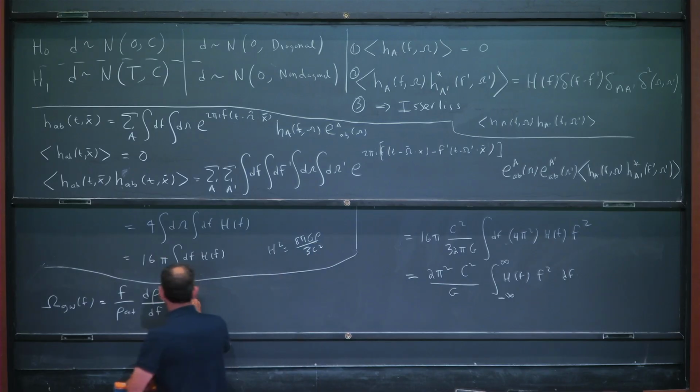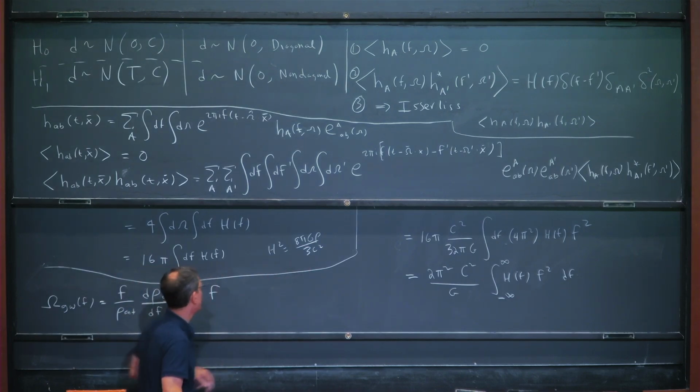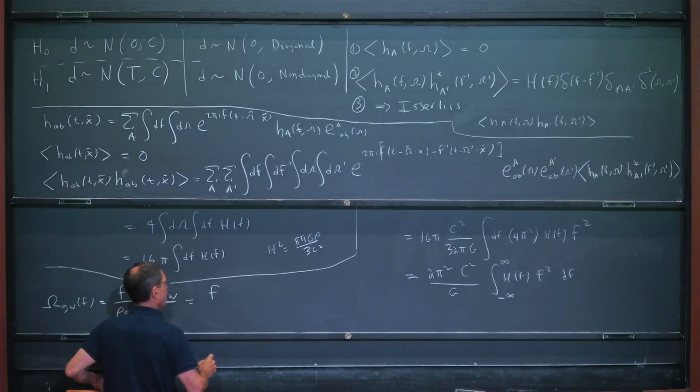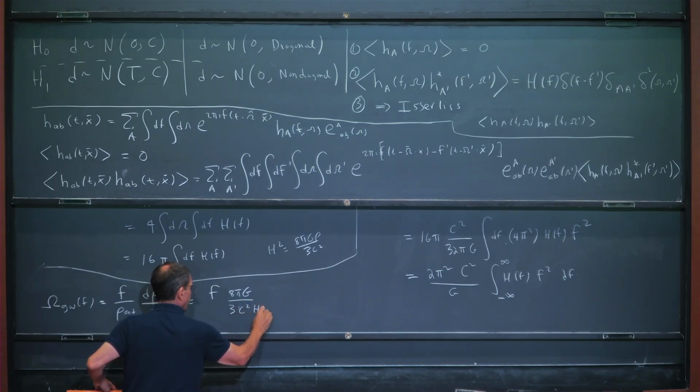Okay. So what's that? That's f. The critical energy density is going to be 3 c squared H squared over 8 pi G, but I need the inverse of that. So 1 over that is 8 pi G over 3 c squared H0 squared.